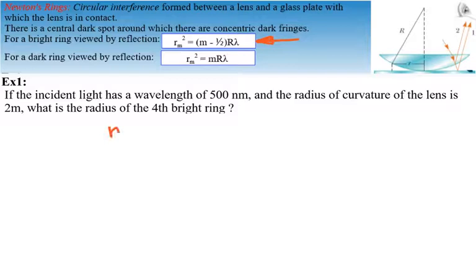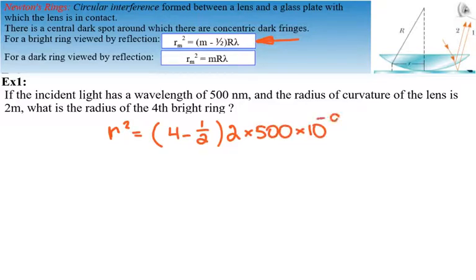So r squared is equal to, m is the fourth one, so I have 4 minus 1/2, and then the radius of curvature for the lens is 2 meters, and the wavelength is given as 500 nanometers, which is 500 times 10 to the negative 9.